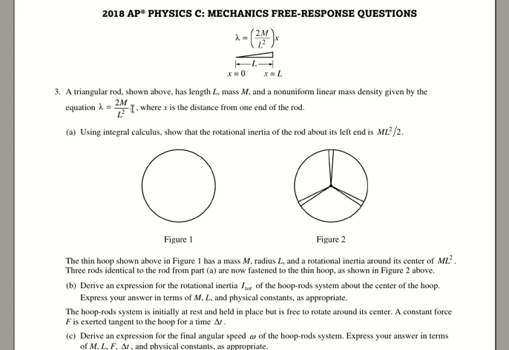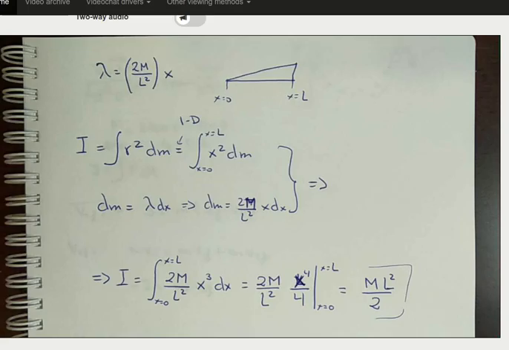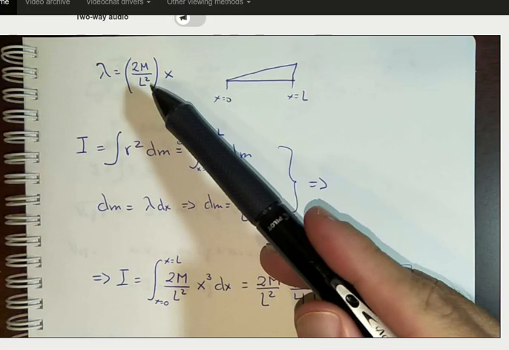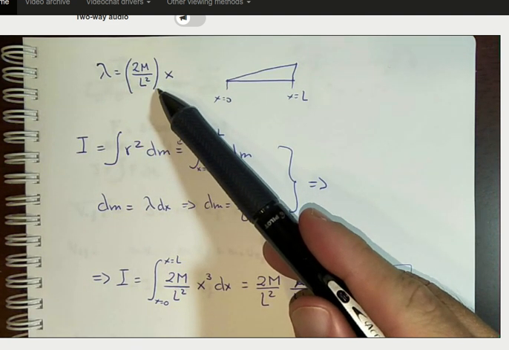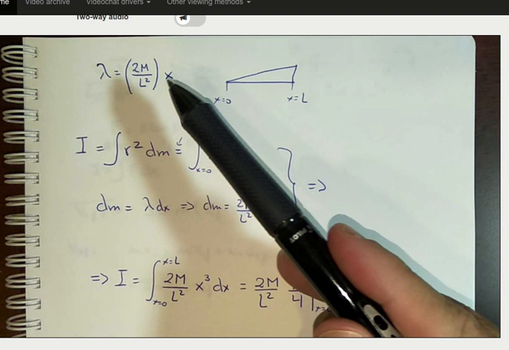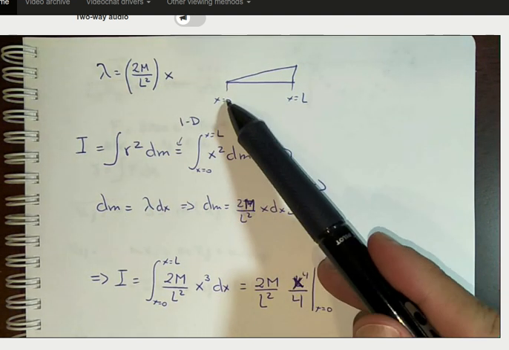As you can see, it also depends on the distance x. So how do you compute this? As I said, the linear density is this, and it goes from 0 to L.